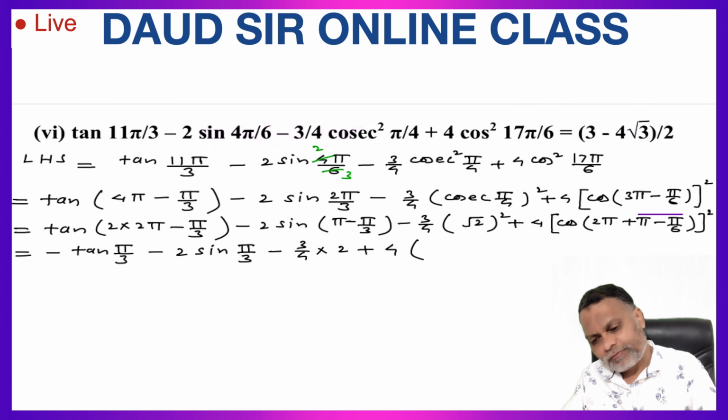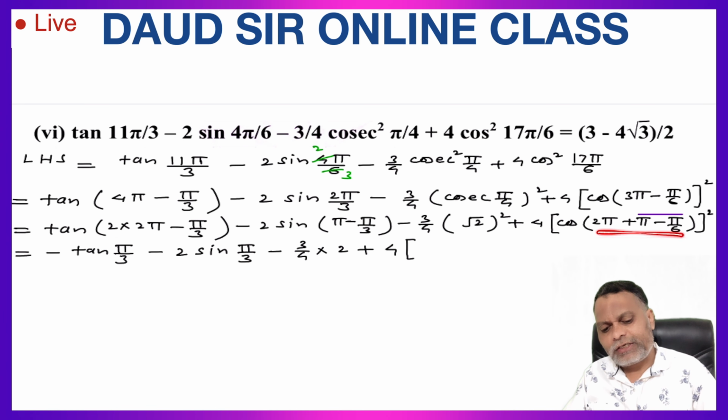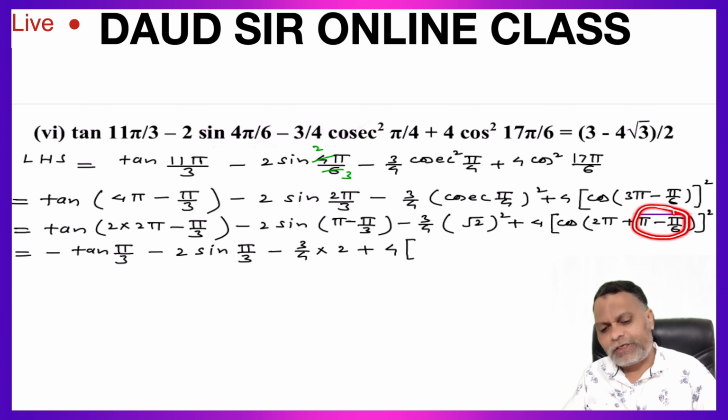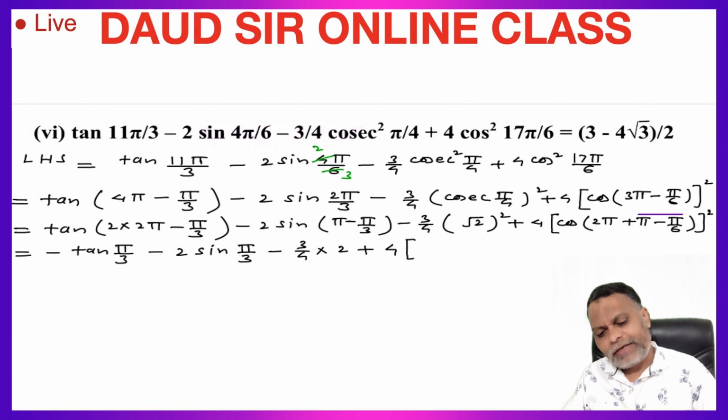This is cos 360 plus theta, we can read this 360 plus theta, this whole term is theta. 360 plus theta lies in first quadrant. In first quadrant all trigonometrical ratios are positive. This is cos, so plus sign. In case of 360 no change, so cos pi minus pi by 6 we can take.